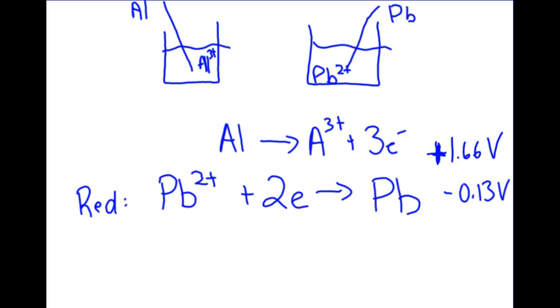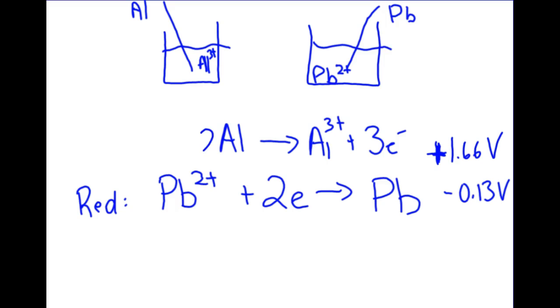Before we do anything else, do you notice a problem with the number of electrons gained and lost here? It's unequal. It is. How would you resolve that? Multiply. Yes. What would you multiply the aluminum equation by? 2.